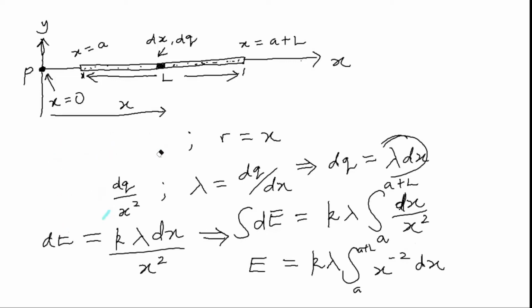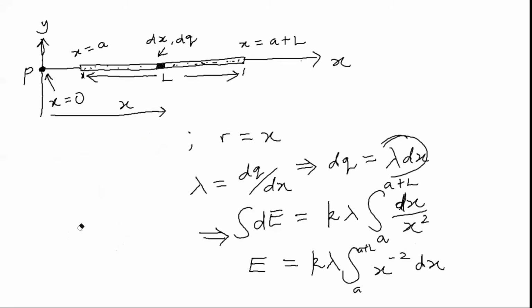I rub this part. Okay. If we perform that integration, then we have E, the electric field at that point P, given by this K times lambda, which is the charge density. And then this x, if I add 1, what does it become?